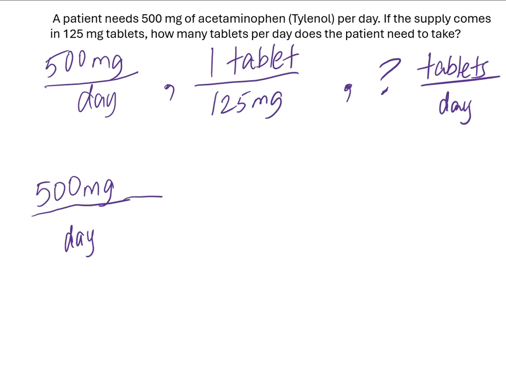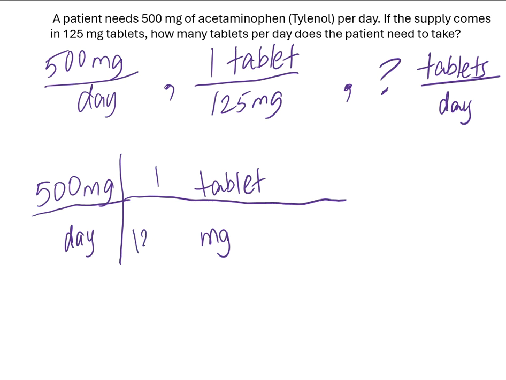Just as with dimensional analysis, I tend to do a T-chart, just one long horizontal line with vertical lines that shows me how to go from the given unit that I no longer need to the unit that I do need. In this case, the problem gave us a relationship between milligram and tablet, and that relationship was that for every tablet, it has 125 milligrams of medication.